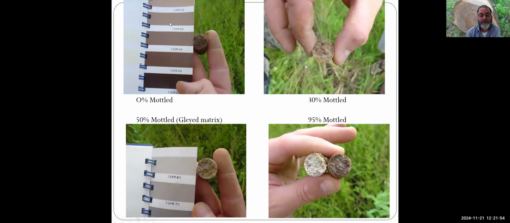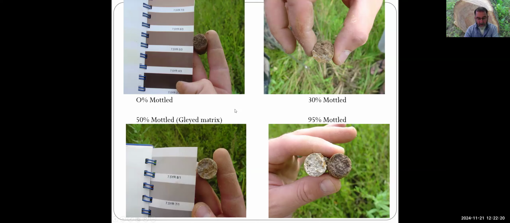So here's an example of what I'm talking about. Here's a soil probe with a Munsell chart. So this would be a situation where we have no soil mottling. So that's ideal. Just about all these bottomland species would grow just fine on that soil. Here we have a situation where the mottling has reached the point of 30% of the soil profile. So we haven't achieved the gleyed matrix yet because it's only 30%, but there's going to be some limitations there in terms of the drainage pattern.